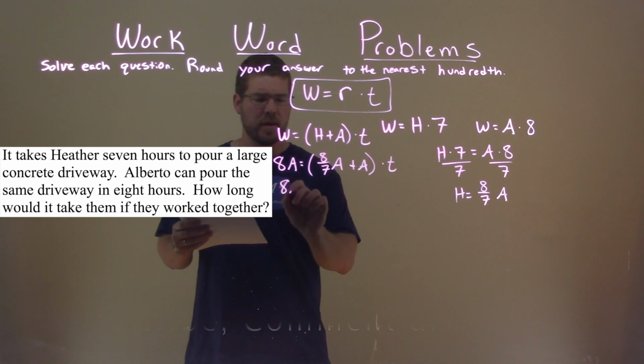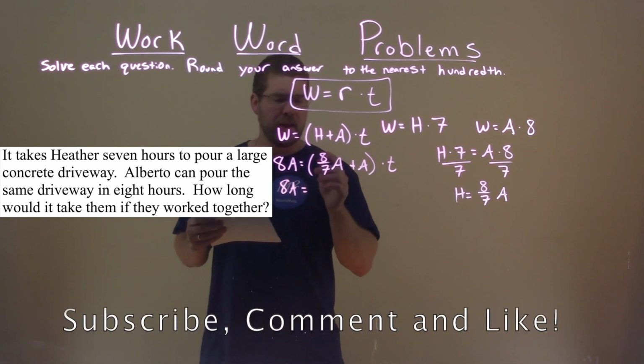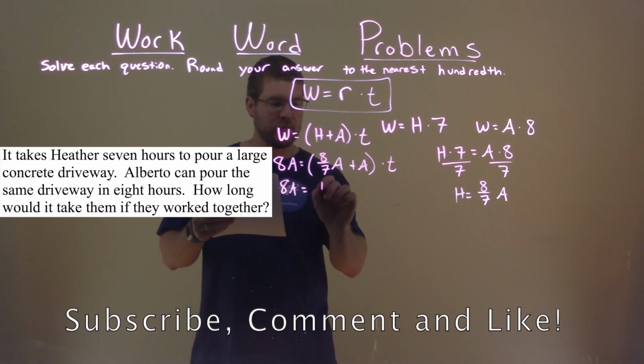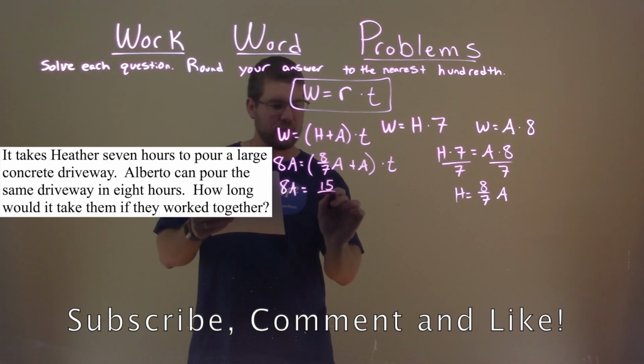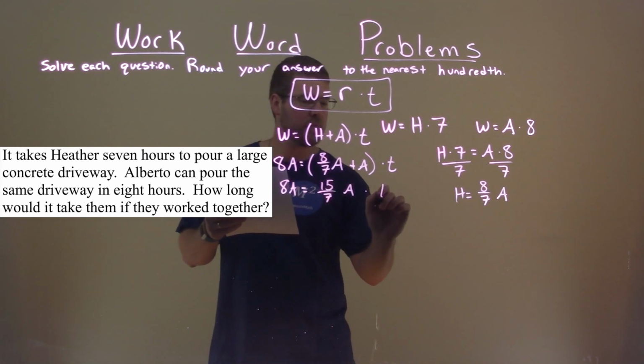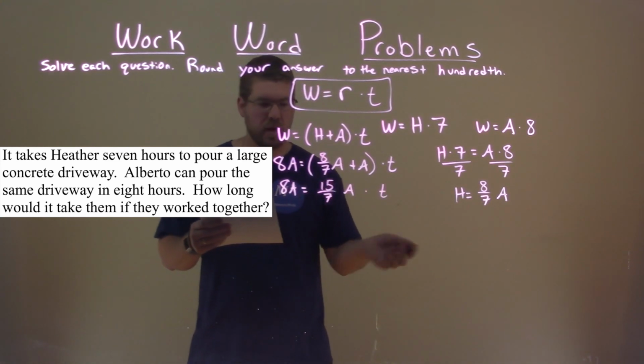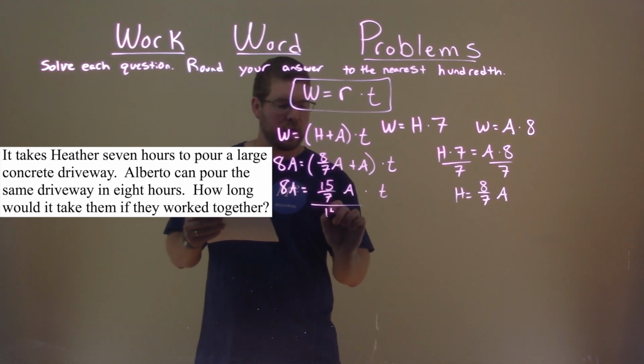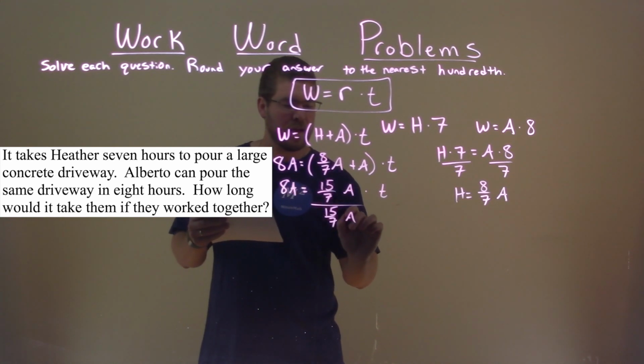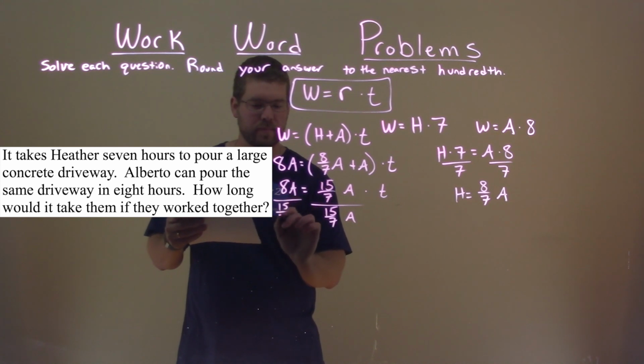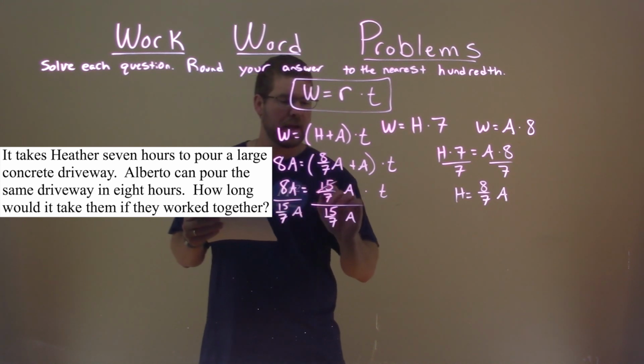Well, bring this down, 8A, and then 8/7 A plus 1A is 15/7 A, and now we're still multiplying that by time. If we divide both sides by 15/7 A, that cancels out here, same with our variable on the right side.